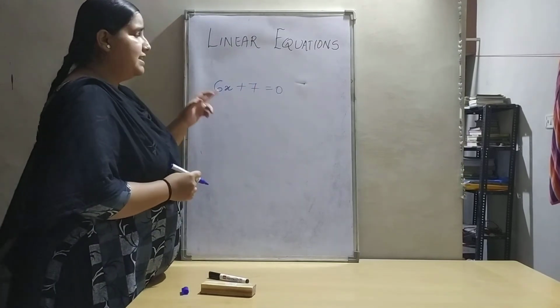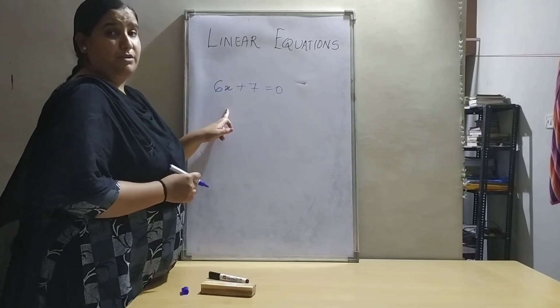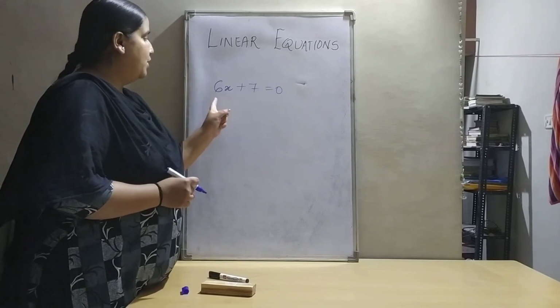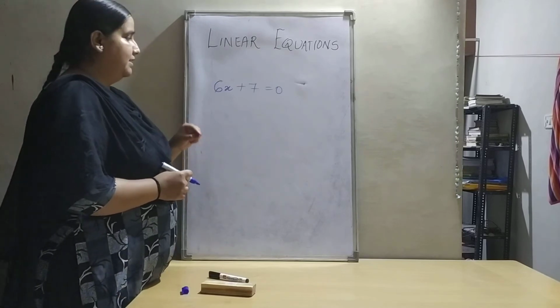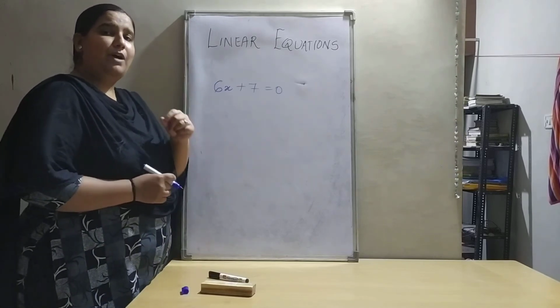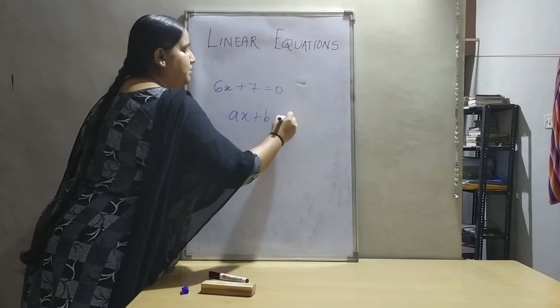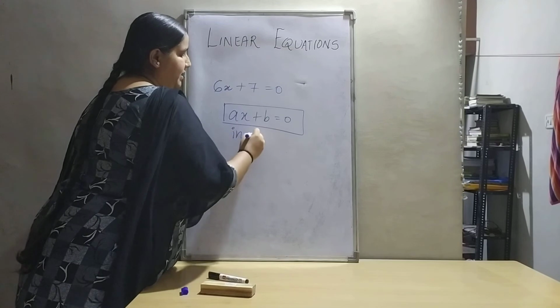So here it is a linear equation. Why? Because the power of the variable is 1 here. But the number of variables in the equation is only 1. Therefore, 6x plus 7 is a linear equation in one variable. The standard form of a linear equation in one variable is ax plus b is equal to 0.